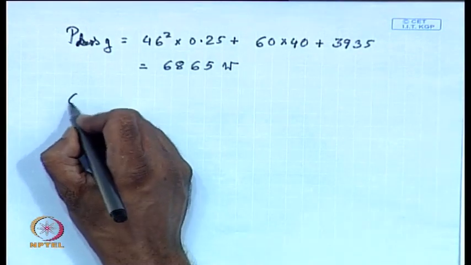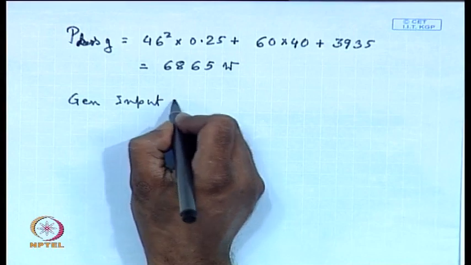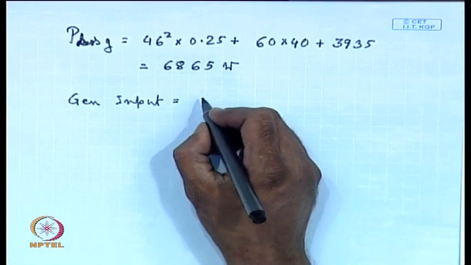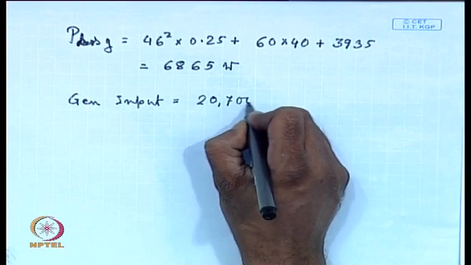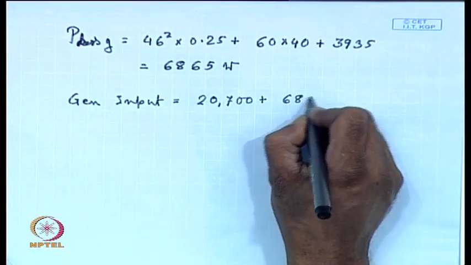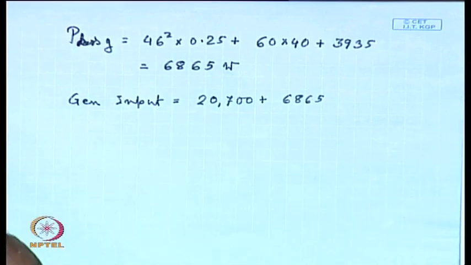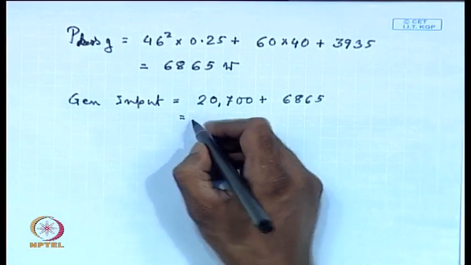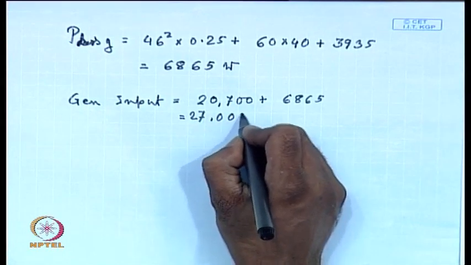So, generator input equal to generator output, which was 20,700, plus 6865 equal to 27,005 watts.